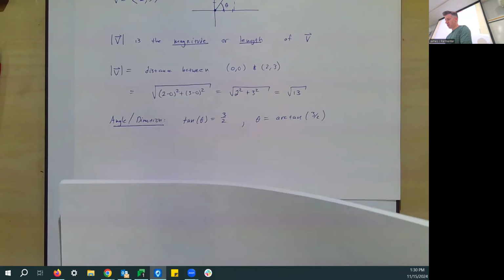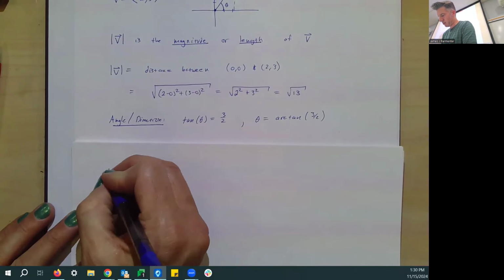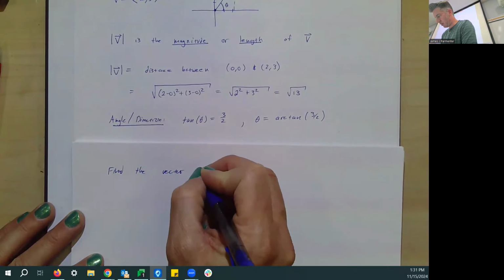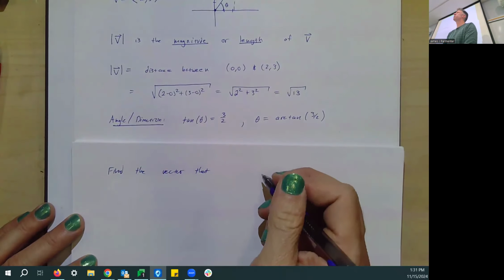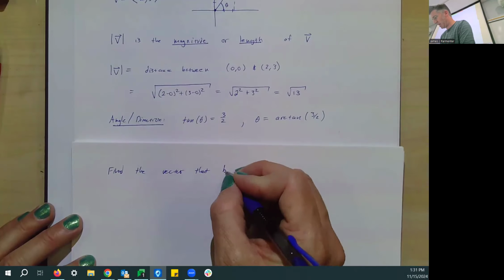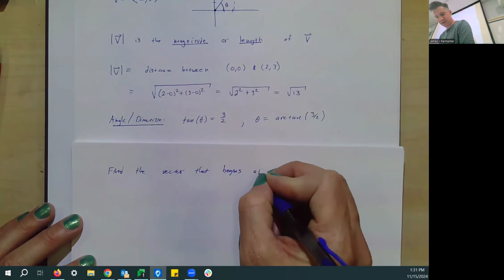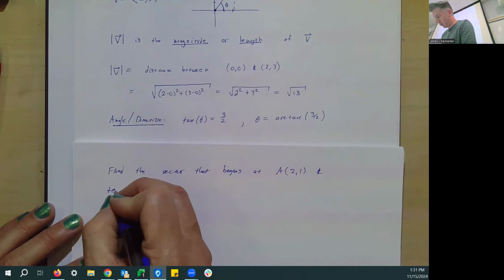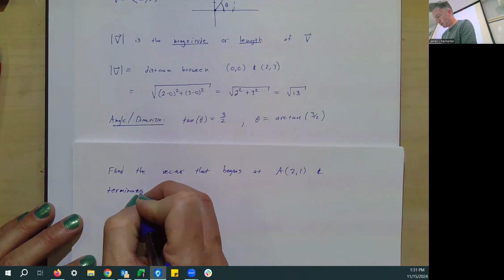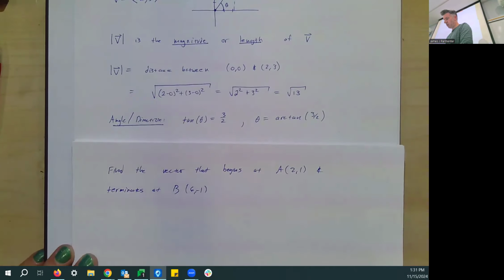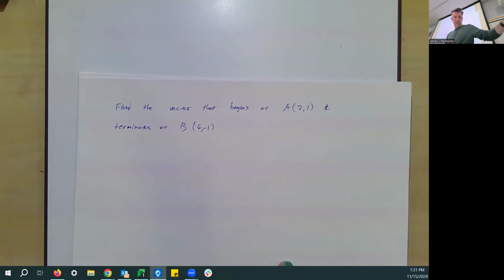Just a few other things. We can find the vector that begins at point A, which is the point 2, 1, and terminates at point B, which is the point 6, -1. We don't need to draw a picture here, but we certainly can.